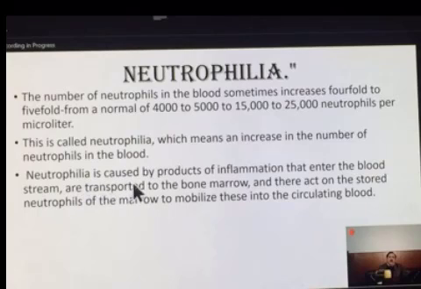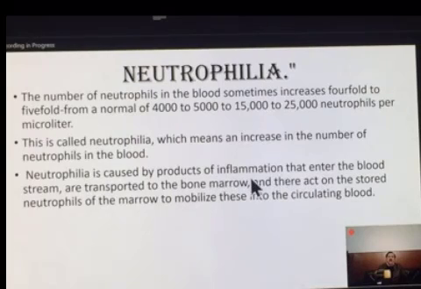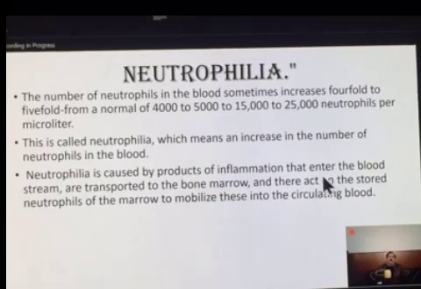Neutrophilia is caused by products of inflammation that enter the bloodstream. The inflammation releases substances which inform the bone marrow and the neutrophil storehouses. These inflammatory substances are transported by blood to the bone marrow, and they act on the stored neutrophils of the marrow, mobilizing them into the circulation.